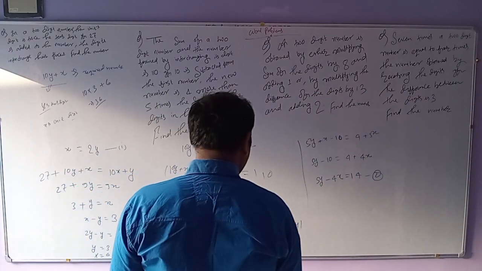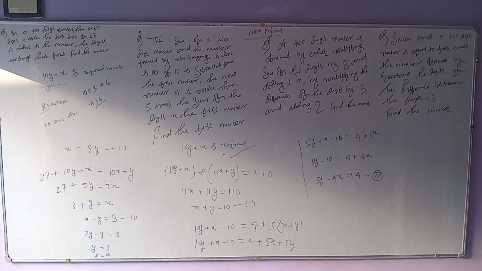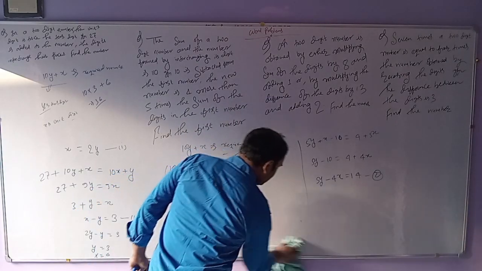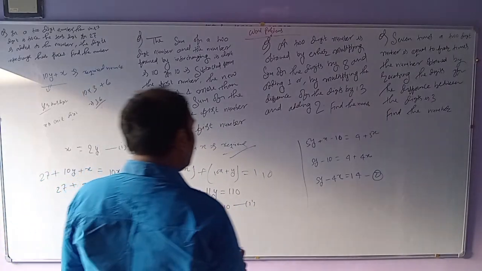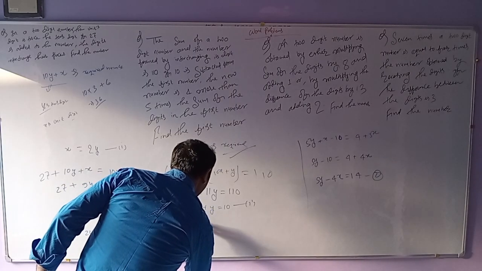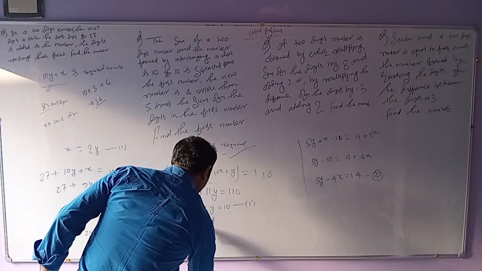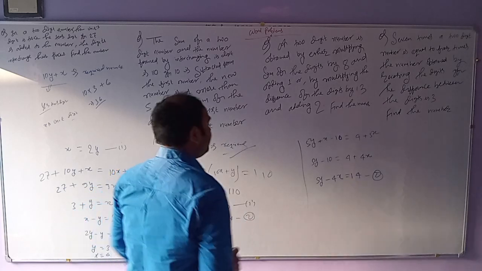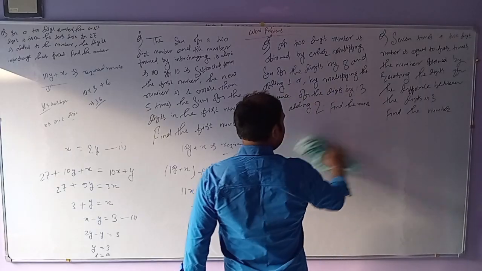Basically, we get two equations to sort out the values of x and y, and that is 5y minus 4x is equal to 40, and that is our second equation. When we compare both equations, we get the values of x and y.